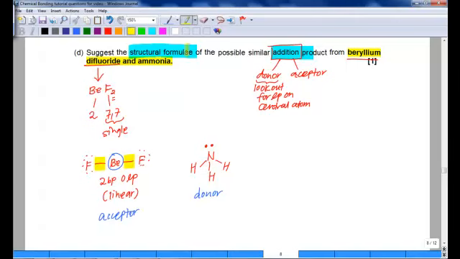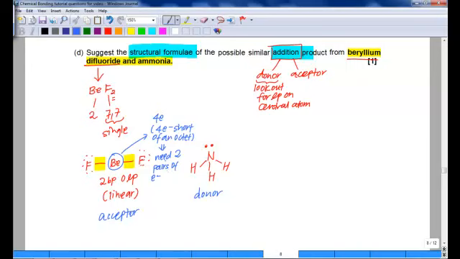So this beryllium has 4 electrons. Actually, it is 4 electrons short of an octet. So if it is 4 electrons short of an octet, that means it will need how many pairs of electrons to gain octet? Well, it needs 2 pairs of electrons to gain octet.